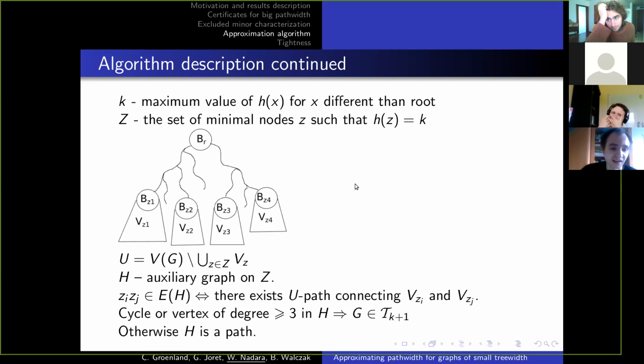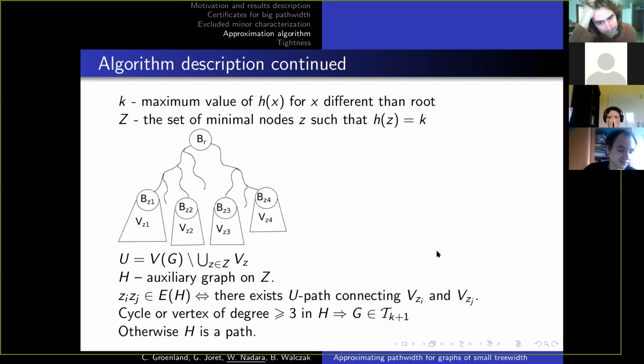And if we want to find a good witness, we want to find 3 big subgraphs and appropriate connections between them. That's why we want to consider an auxiliary graph on elements of Z, where there is an edge between Zi and Zj if there exists a U path connecting Vzi and Vzj.